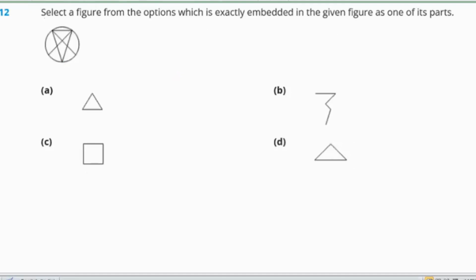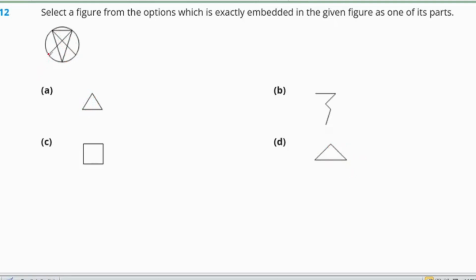Now let's talk about question number 12. It says select the figure from the options which is exactly embedded in this figure. If we are talking about this triangle, no, we cannot see this type of triangle over here. We can see the inverted triangle. If we are talking about a square, no, we cannot see any square over here. Again this triangle, no, we have only the inverted triangle.